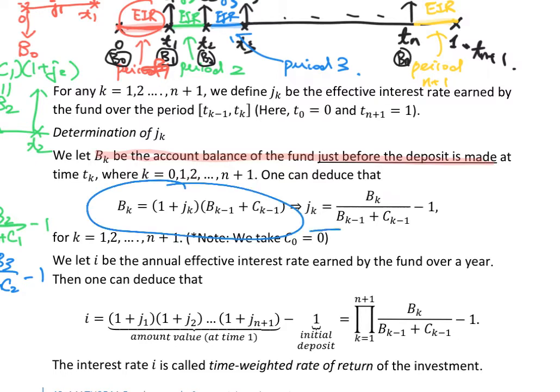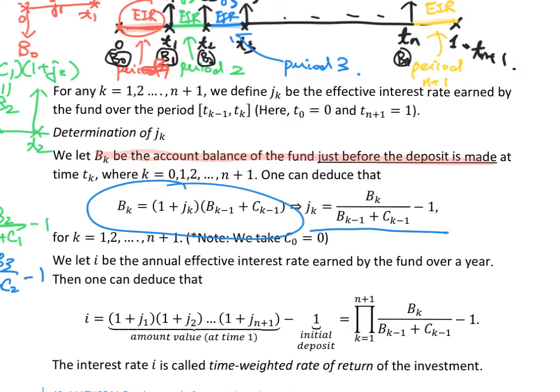Solving this, you get Jk equal to the account balance before the deposit at that time, divided by the account balance at the previous period just after you make the deposit, minus 1. That is the formula for my EIR.